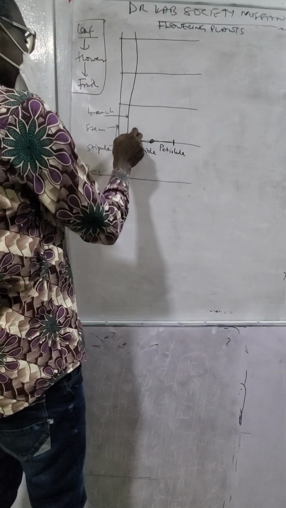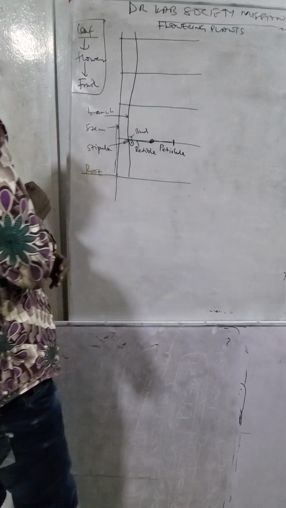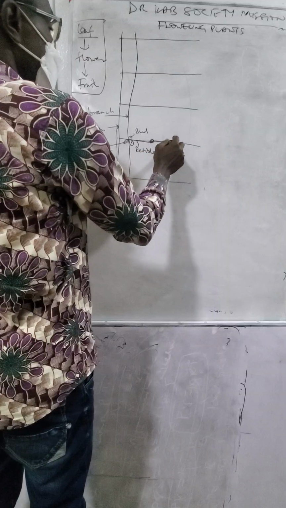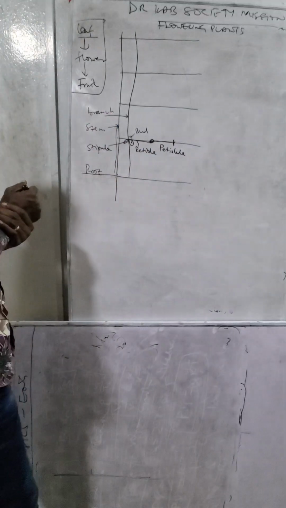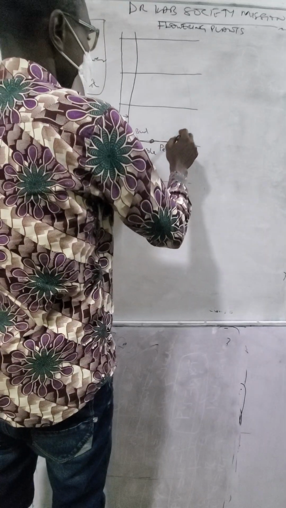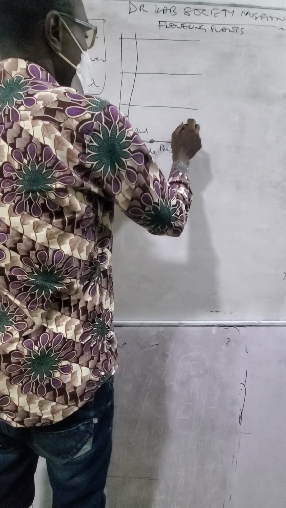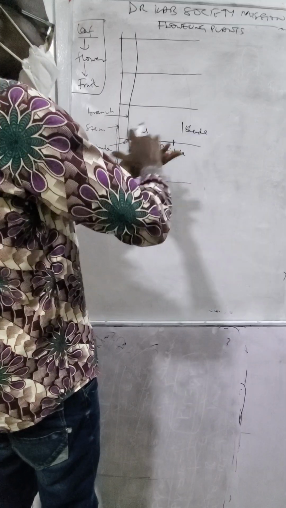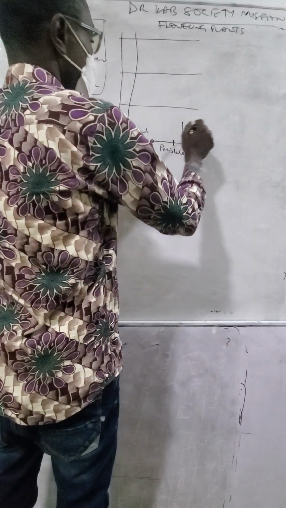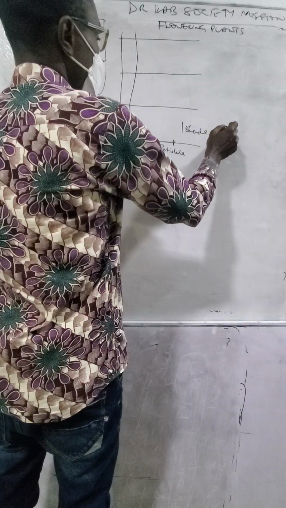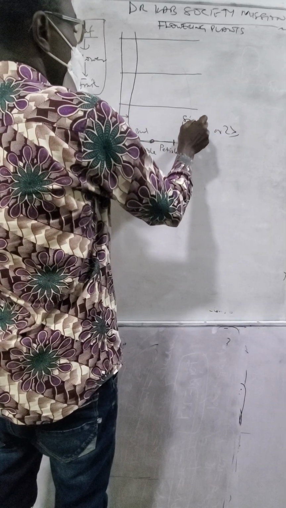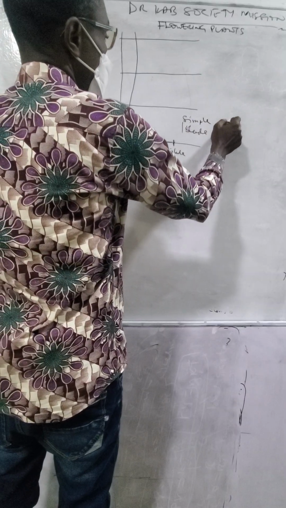So this is the bud. At the point where we have the petiole, the leaf can start. The leaf can have one blade, that is the flat structure, or it can have two or more. When it is one, we say it is simple. When it's two or more, we say it is compound.